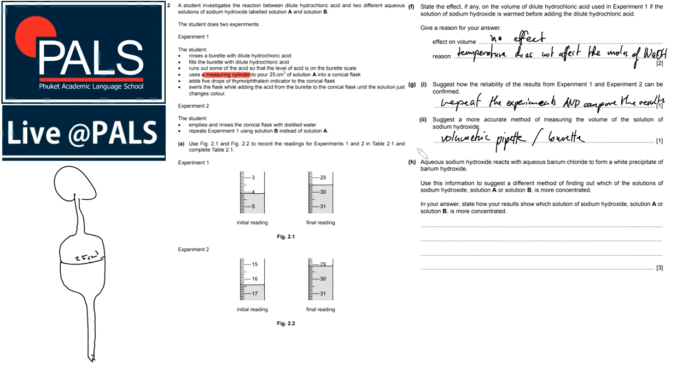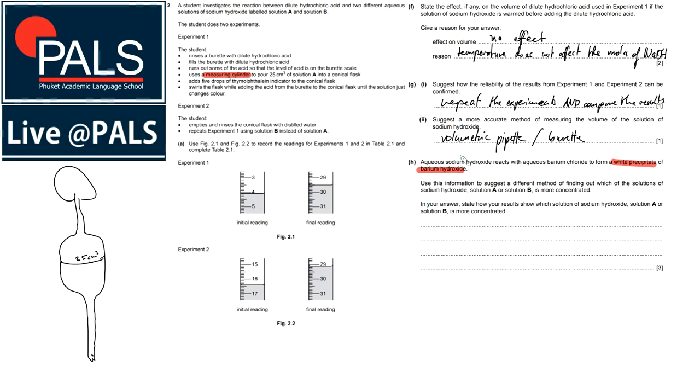So again, what we can make use of in this experiment is that we get a white precipitate, which we can then filter off, rinse with distilled water, dry, and weigh. Find the mass, and then we can compare the mass between the two solutions.